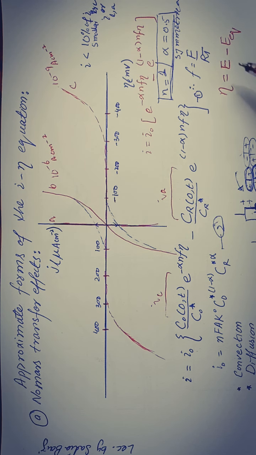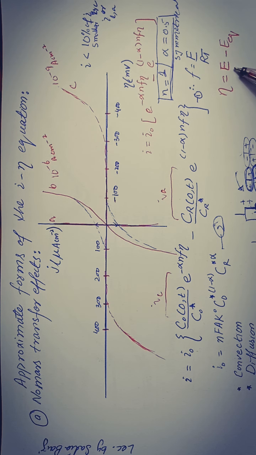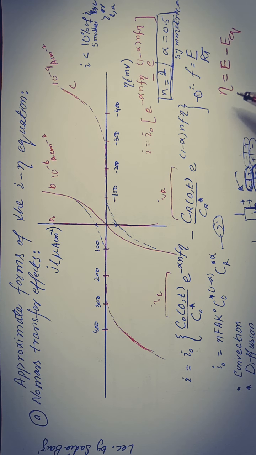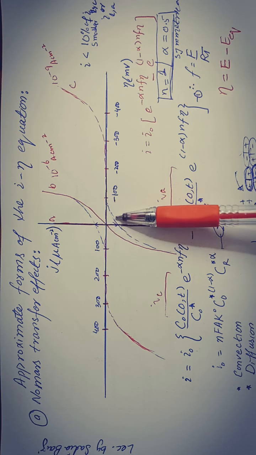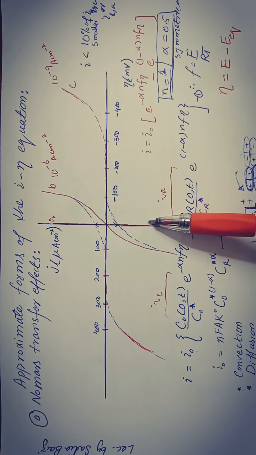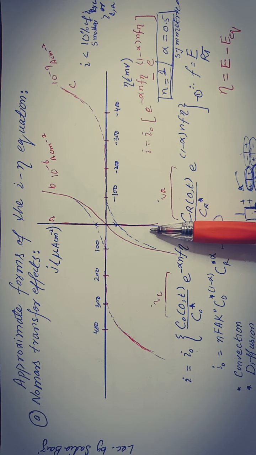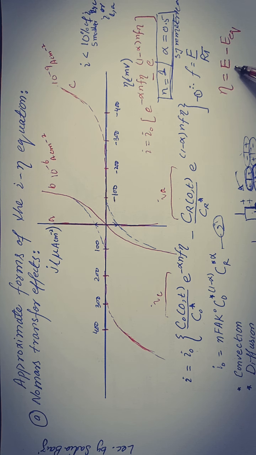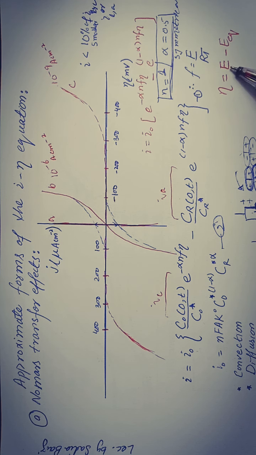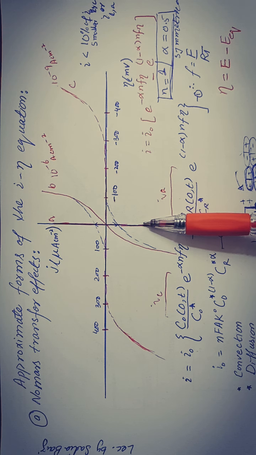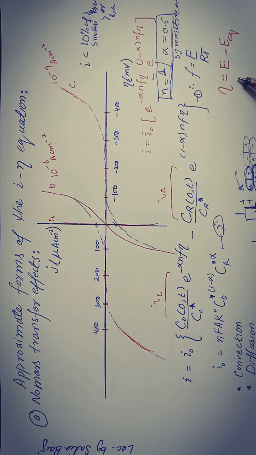So here any applied potential will serve as the activation energy to generate these currents. Simply we can say that the applied potential is contributing to the sole generation of current, and it's not utilized for any other processes like mass transfer processes.